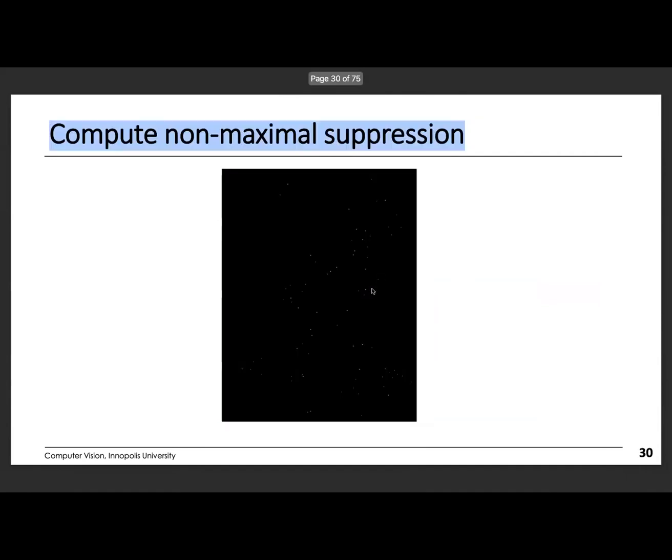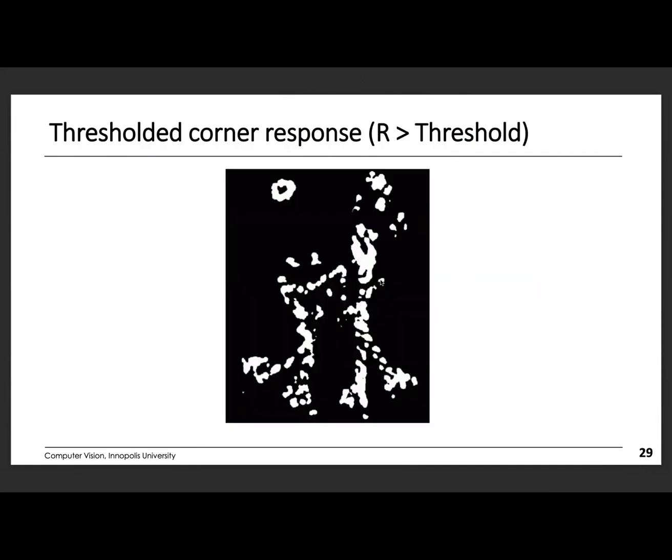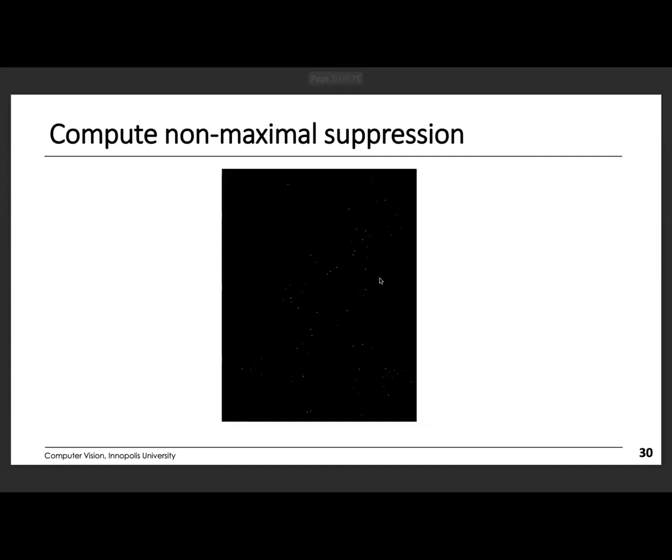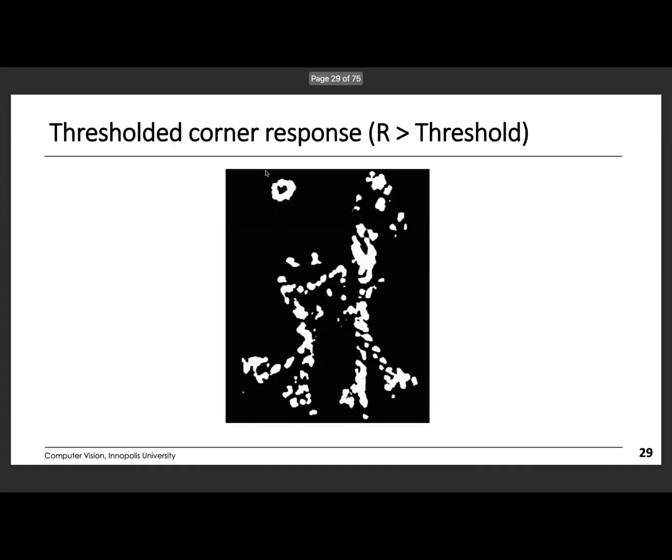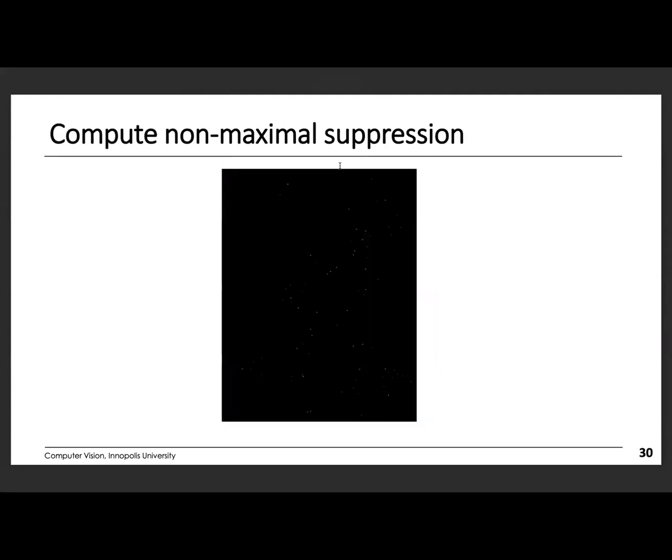So we don't need all of these pixels in here. We just need one of them. Non-maximal suppression would go into each one of these places, and instead of representing them by 500 pixels that are mushed together, we just represent them with one pixel, and that simplifies things a little bit.